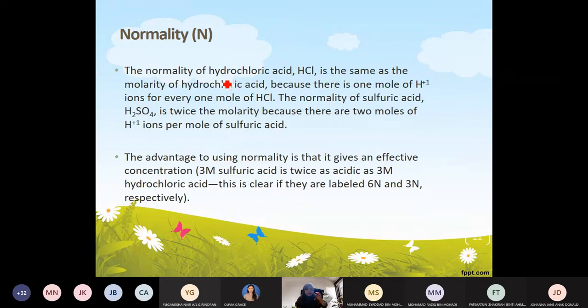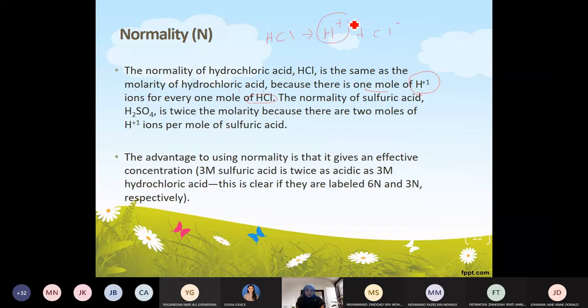Inilah, okay. So contoh kat sini, the normality of hydrochloric acid would be the same as the molarity of hydrochloric acid, because there is 1 mole of H plus proton ion for every 1 mole of HCl. So HCl, kalau di dissociate, you have H plus and Cl minus.